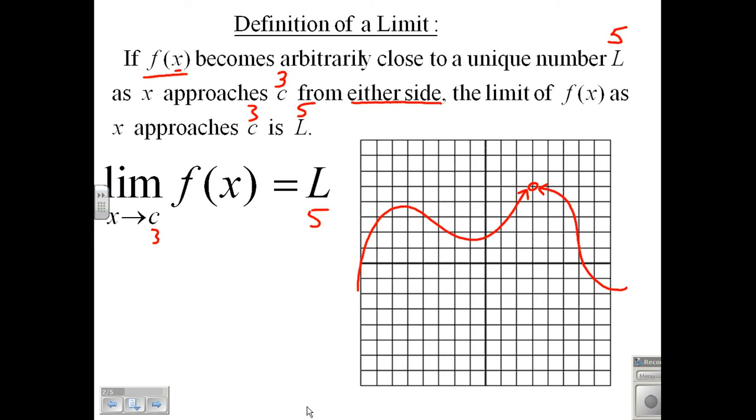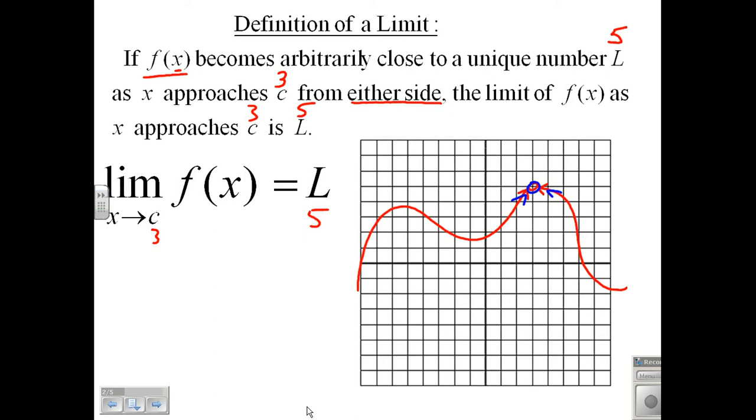Note that we could have a hole in the graph at that point. And not only that, as the graph's drawn right now, this graph doesn't even exist at 3, and yet it has a limit of 5 because we are in right-hand, left-hand consensus at 3. They both say, hey, you're trying to be 5, we can tell. I don't have any disagreement between my right hand and my left hand.